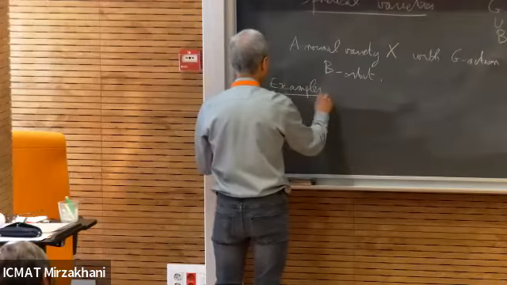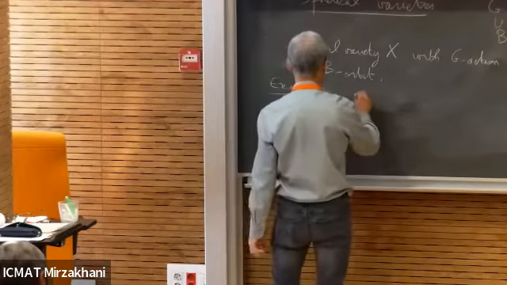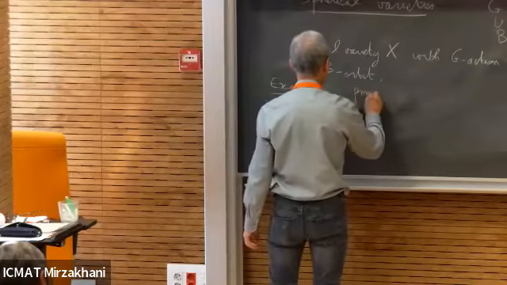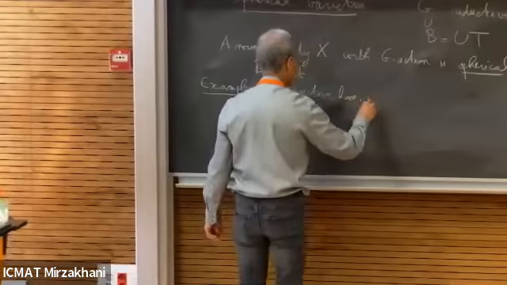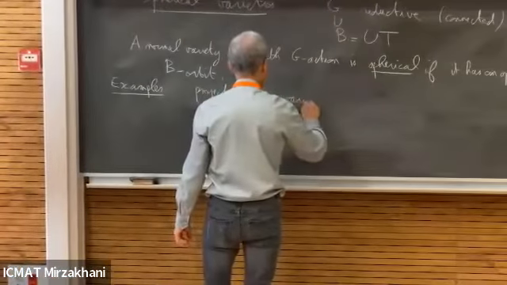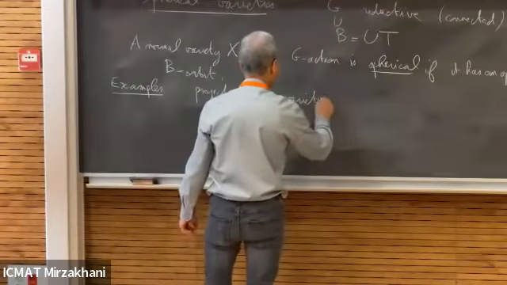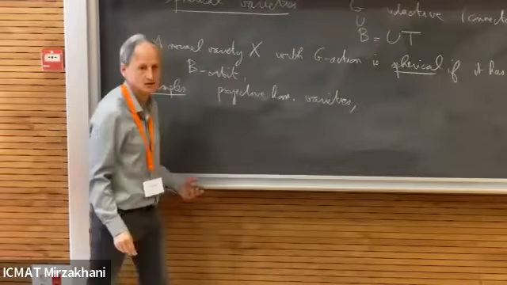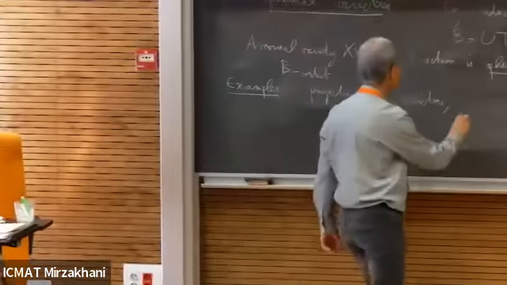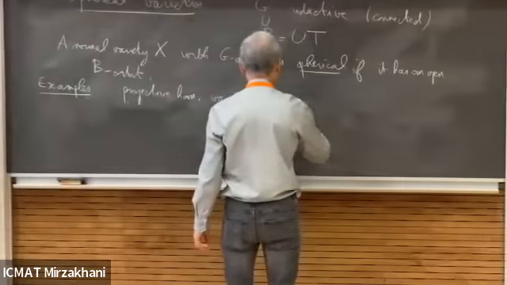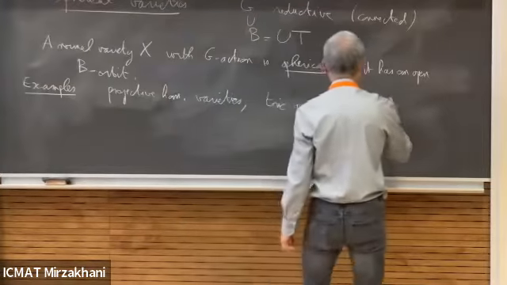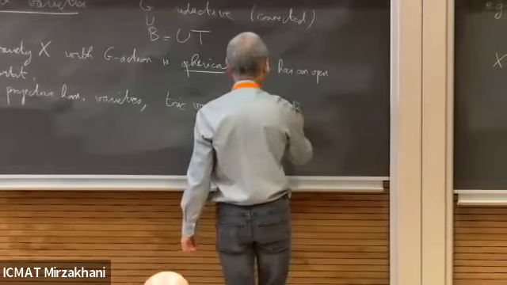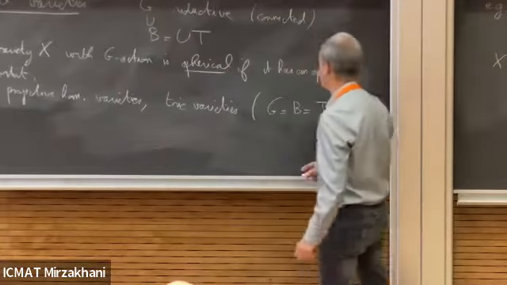So here is a long list. Of course, you get projective homogeneous varieties, just by the Bruhat decomposition. You get, of course, toric varieties because then G is B. Everything collapses.